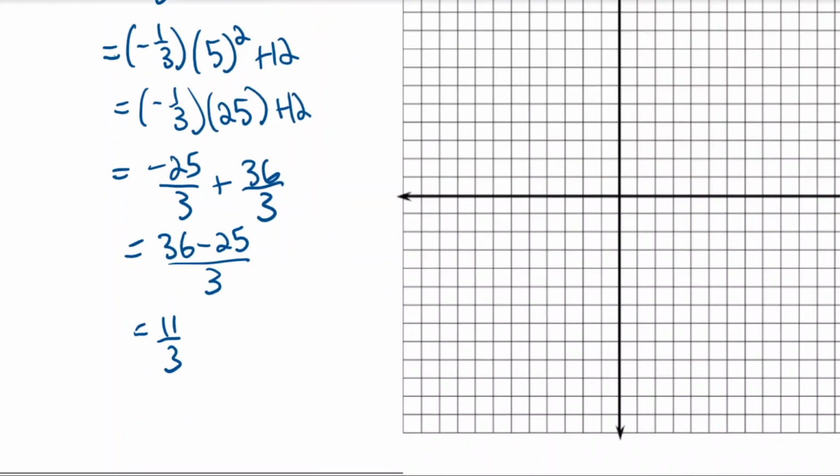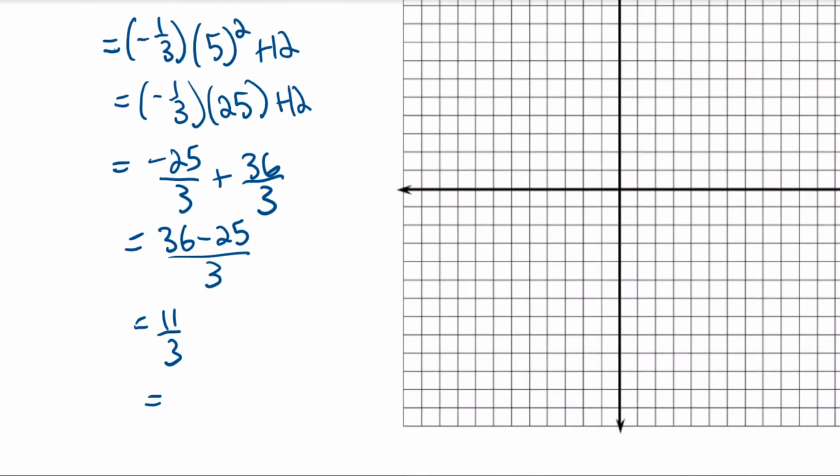And this is going to be the same answer you get if you just went straight up in your calculator to decimals. You went negative 1/3 times 25 plus 12. You're going to end up getting something like approximately 3.67.